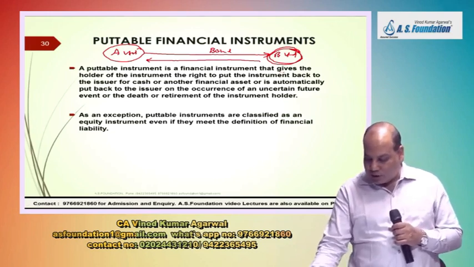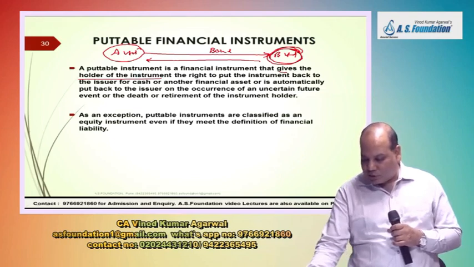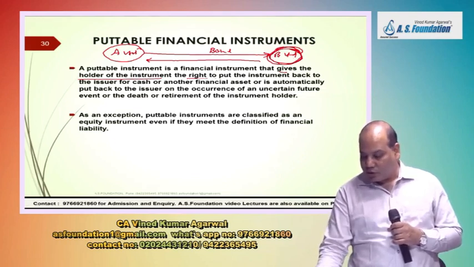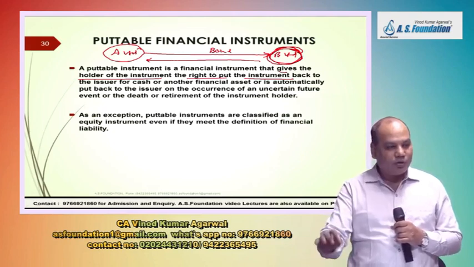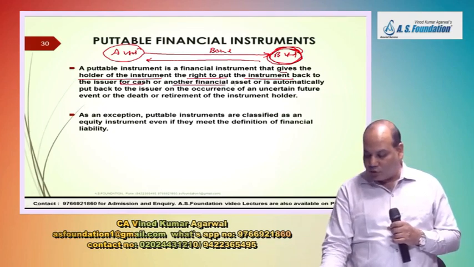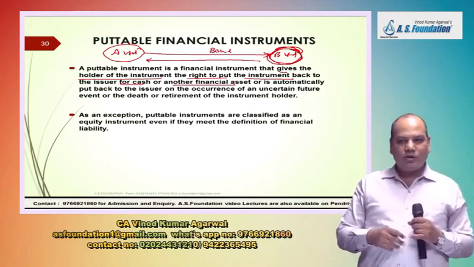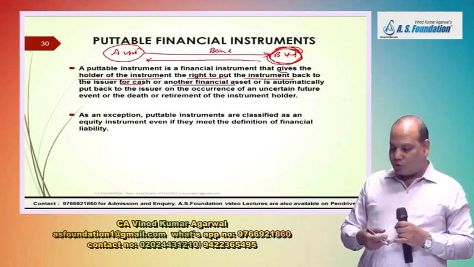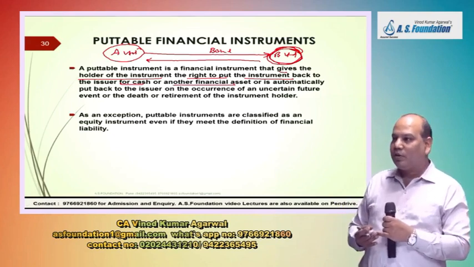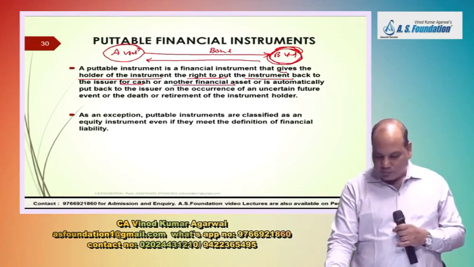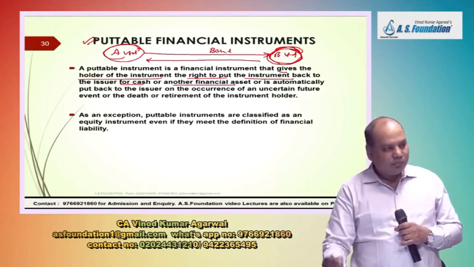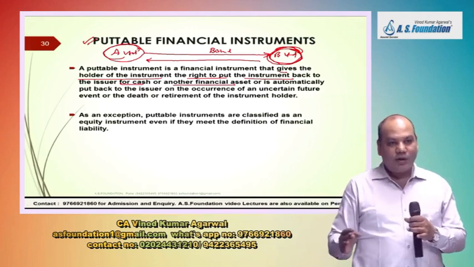So it is an instrument that gives the holder of the instrument, who is the holder? B Limited, the right to put the instrument back to the issuer for cash or another financial asset. So really speaking, this is a financial liability because then you have an obligation to pay cash from A's point of view. But the standard gives some exemptions, or you can say exception.